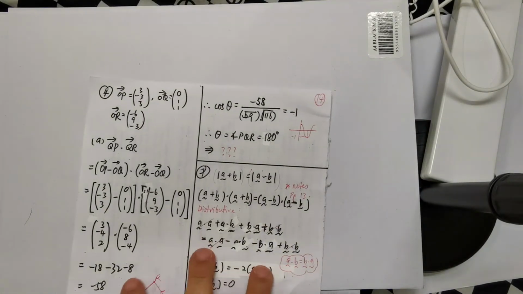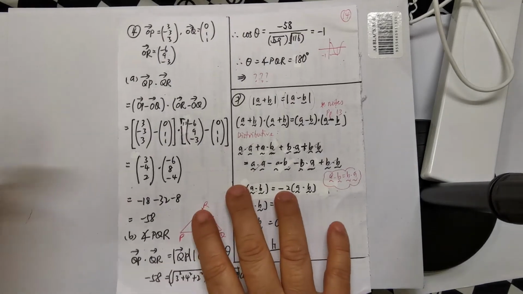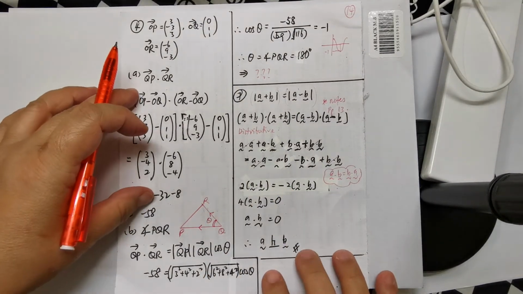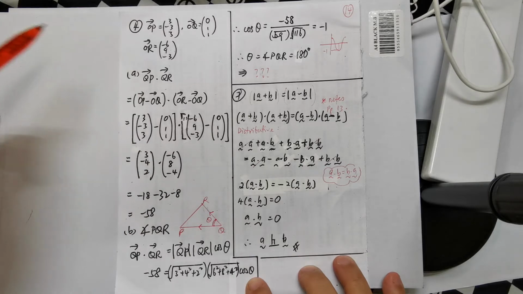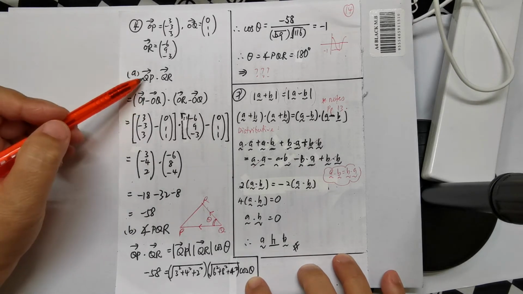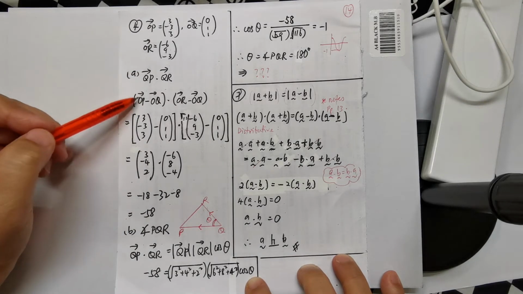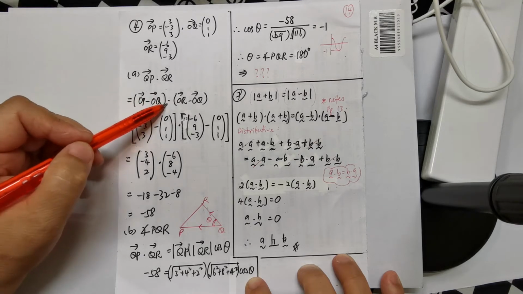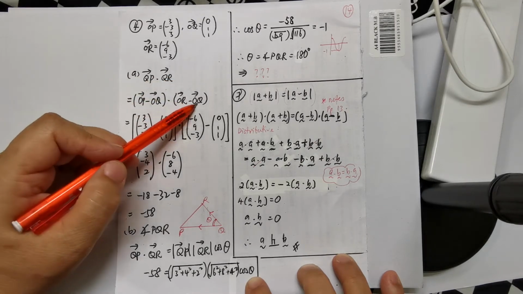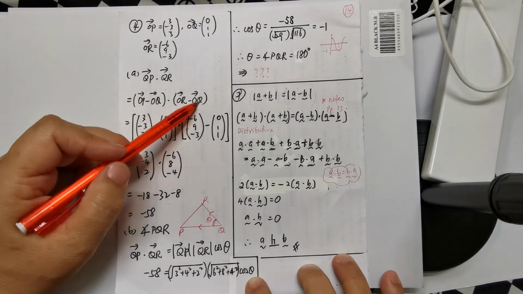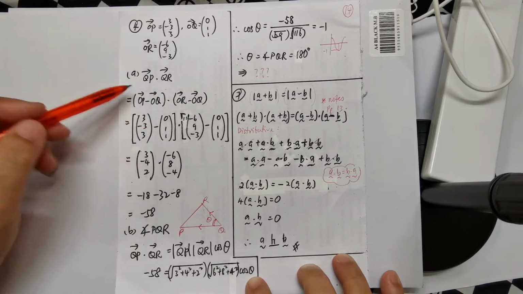Okay, first part, QP dot QR. Okay, QP dot QR means I need QP. So QP is OP minus OQ, dot QR is OR minus OQ. Remember the position vector formula. So I directly do it.